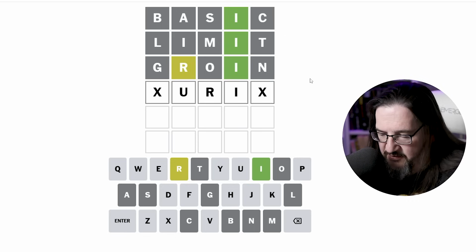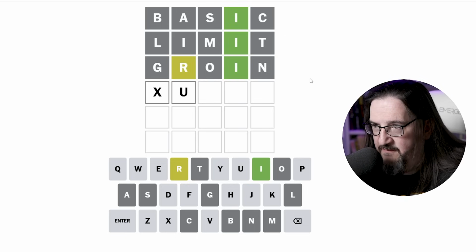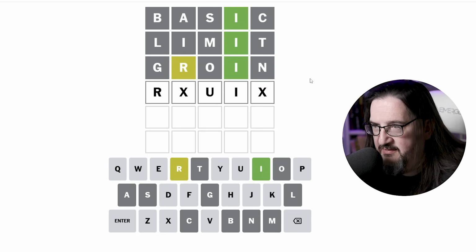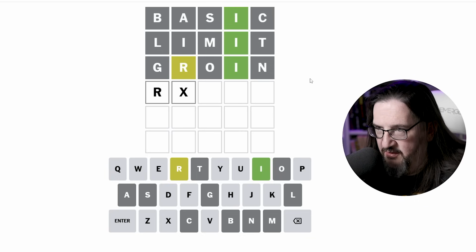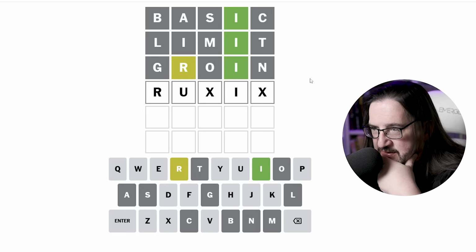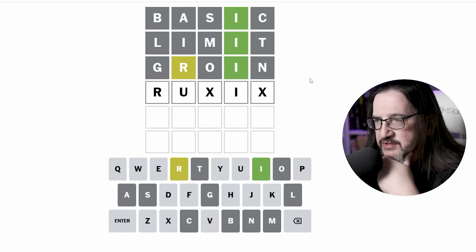Is it possible that we could have the R in the beginning, blank UI, or U blank I blank? Is there something here that could be the issue, the answer? But I'm not sure what I would do in the middle.